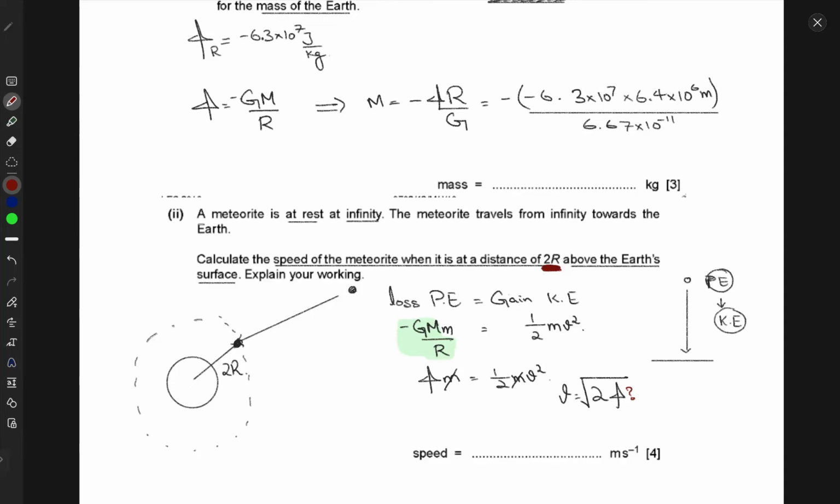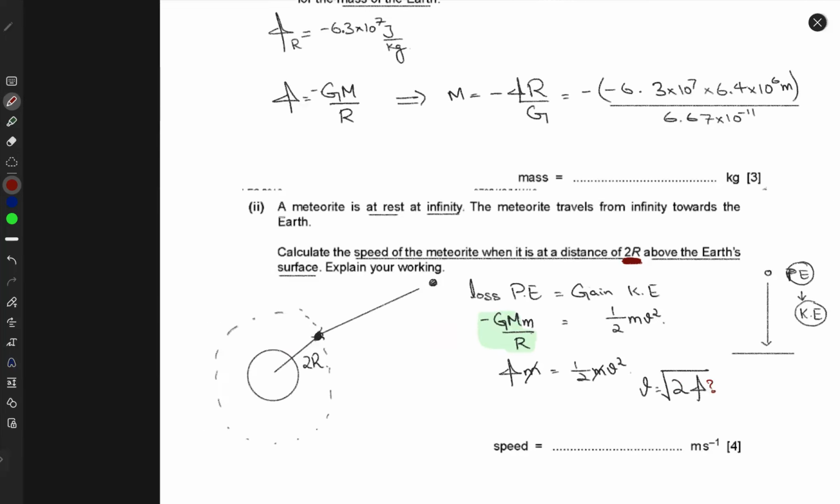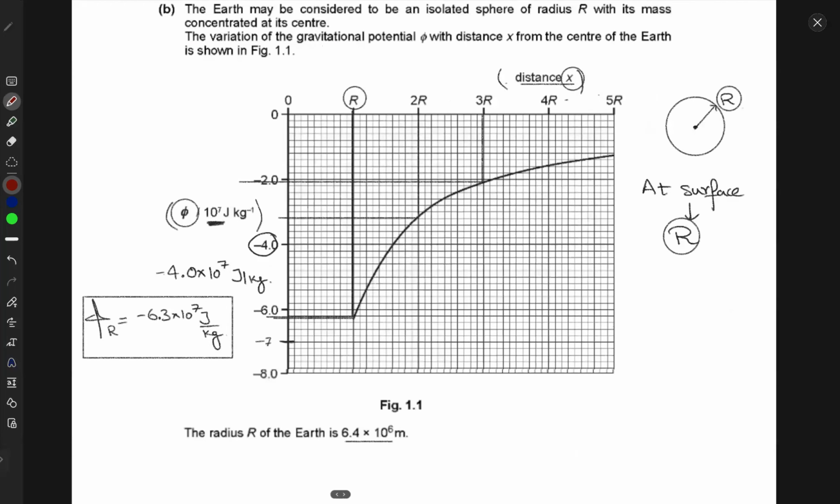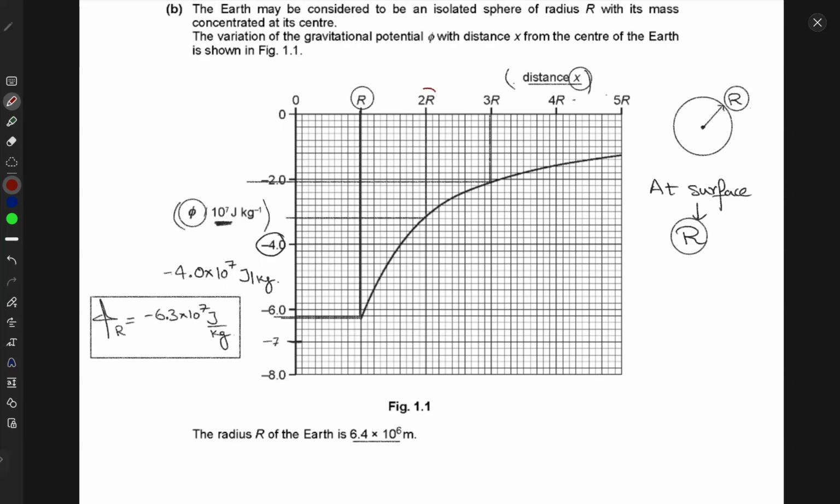Remember that you are given a graph which relates distance and potential. I have a 2r over here. I'll drop a perpendicular, and when it meets this curve, I'll go in the horizontal direction and get somewhere around here. The value for potential here is minus 2.0.